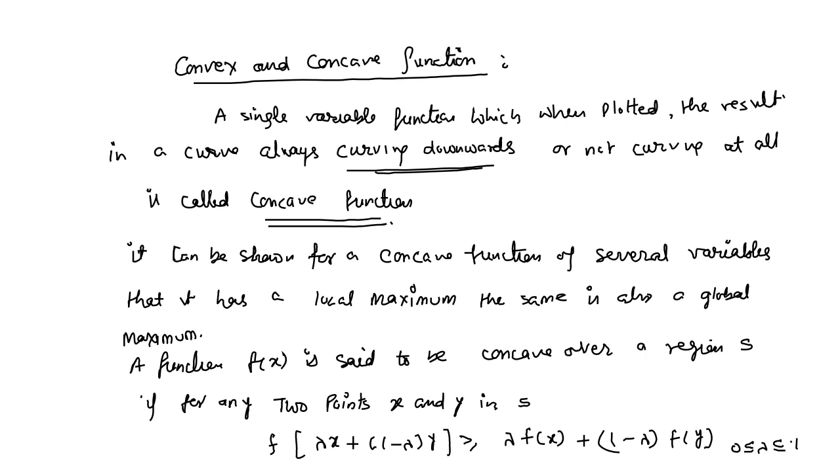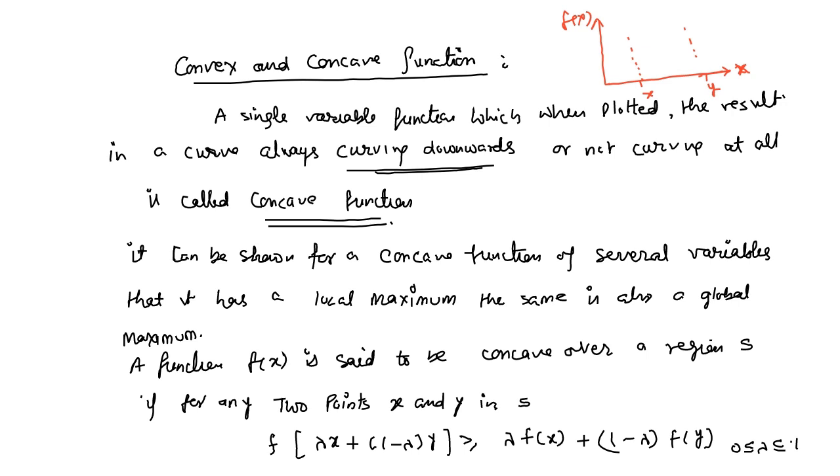So numerically we define for 2 points, considered as x and y. And we draw the concave function for 2 points x and y. That means you can understand here, this is x, or you can give it as capital X, and here we write f(x). The 2 points, first we consider as x and second as y.